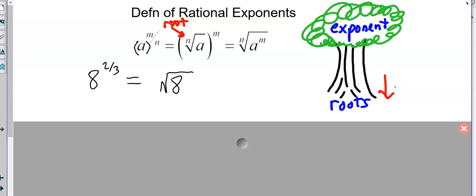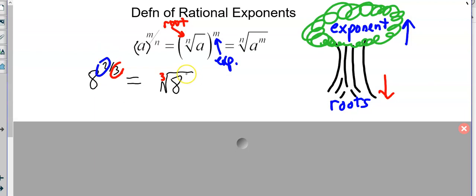The reason I drew that drawing is roots in a tree are down low, just like in this case, down low in the fraction, right? The 3 goes right there. Whereas the exponents are up high in the tree. So here, the exponent is always elevated on a problem. So 2 is the exponent.